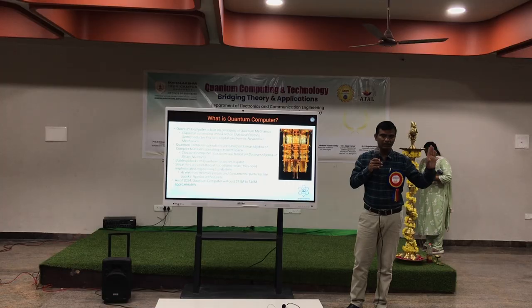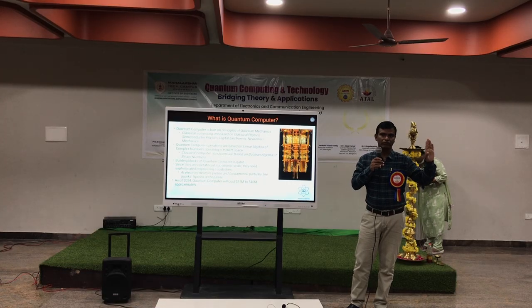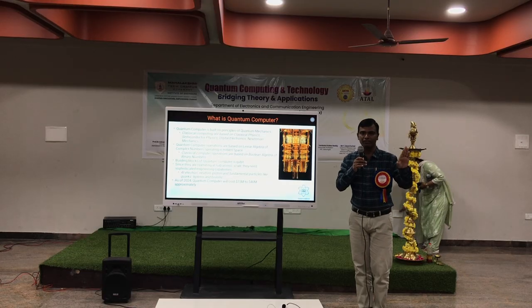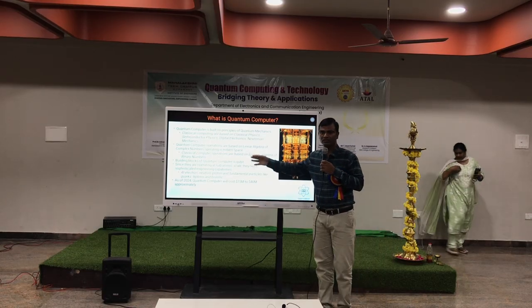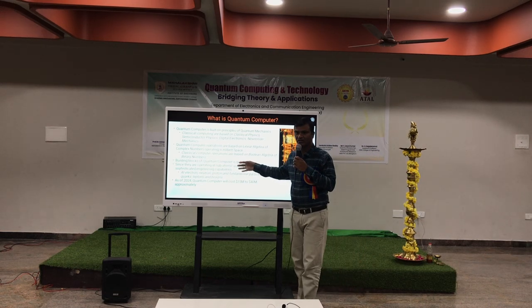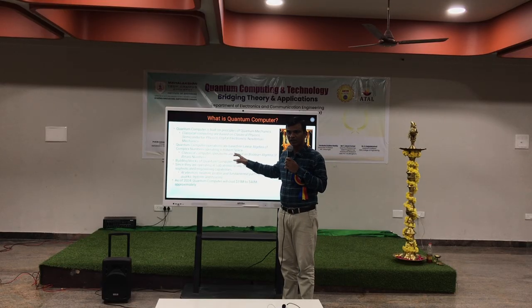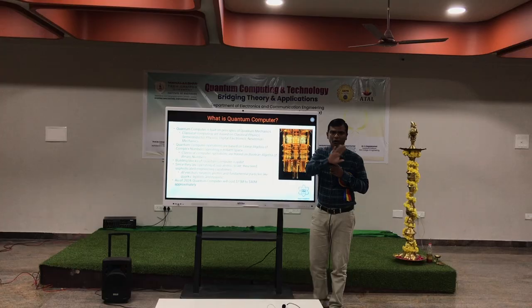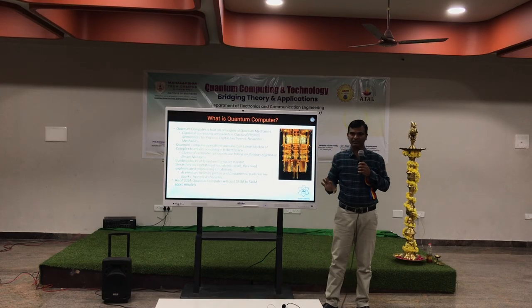In the classical one, we use gates to manipulate the bits. Here we will also use gates, X gate, OR gate, NOR gate, but in the form of matrices. And you will learn how to develop those matrices.